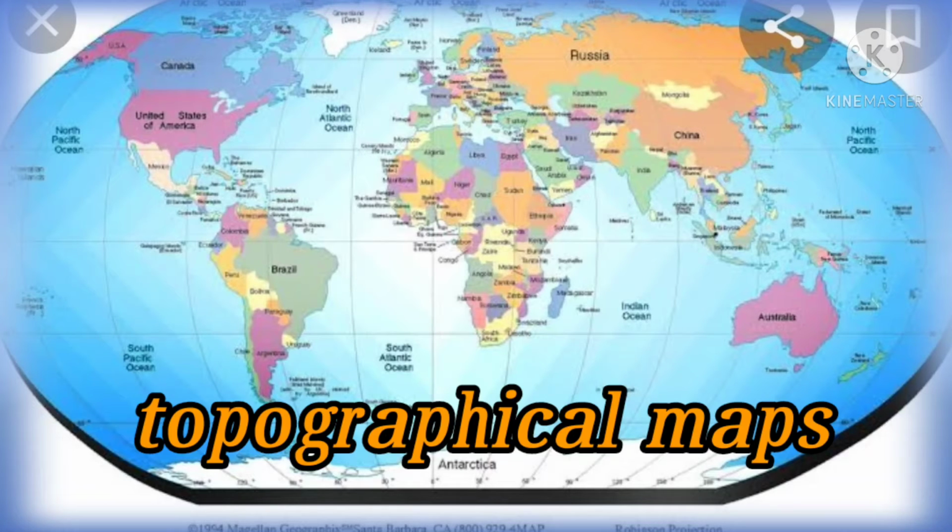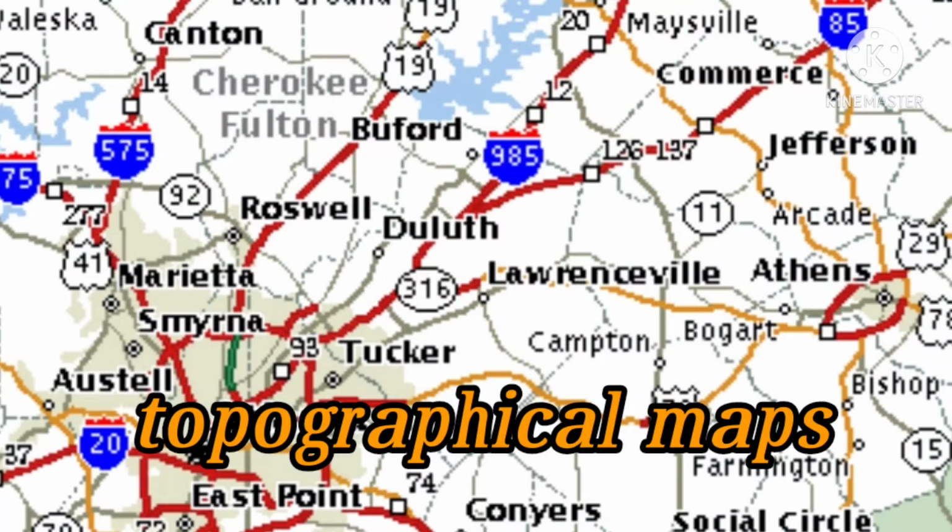Then the second type of large scale map is topographical maps. Topographical maps are prepared after a careful and accurate survey of an area.